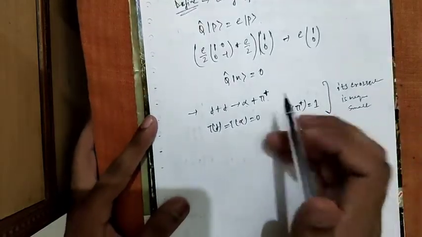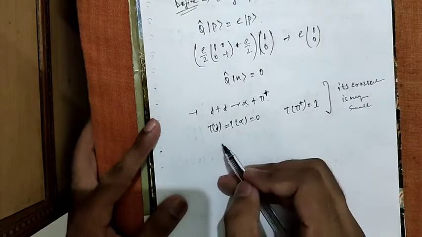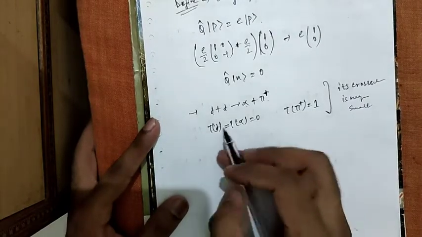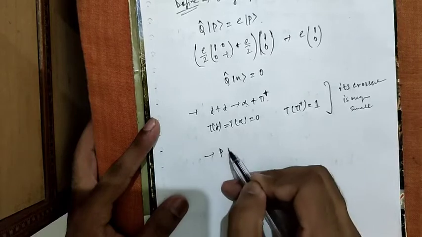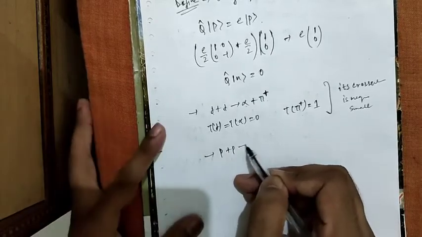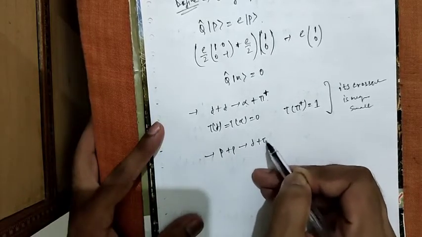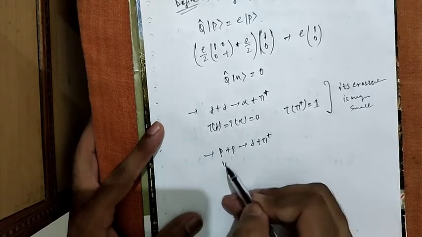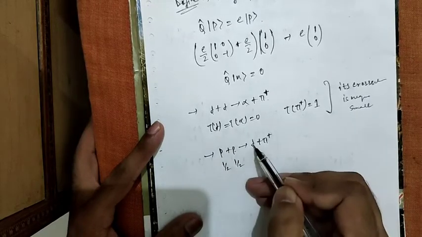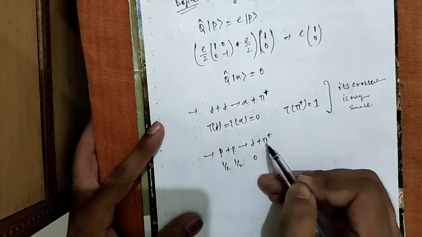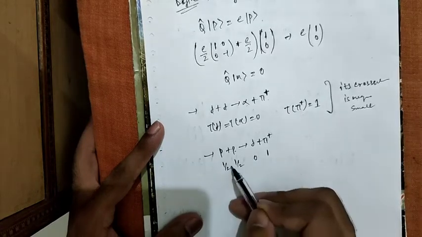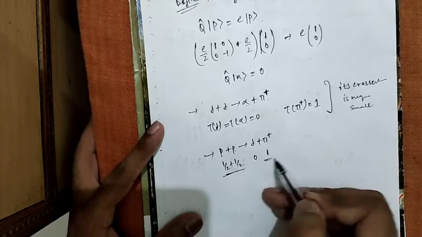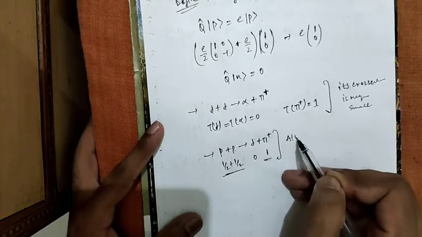Let's see other reactions which are allowed under the conservation of isospin. Take the reaction P plus P gives D plus pion, where the isospin of P is half, for D it is 0, and for the pion it is 1. As you add, these are totally conserved, so this is an allowed reaction.